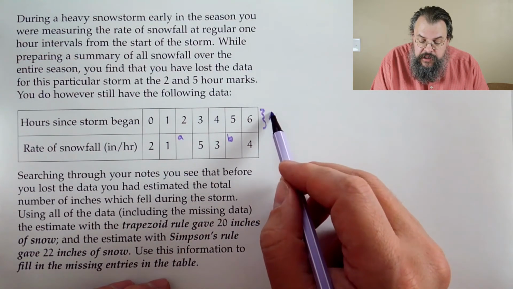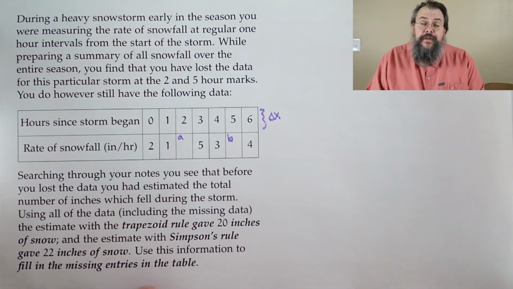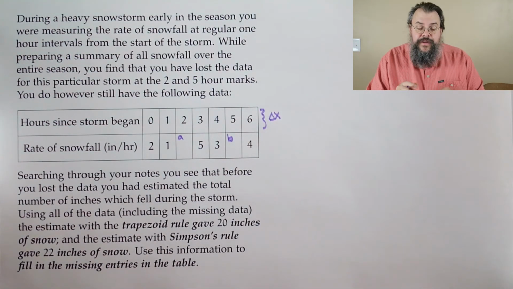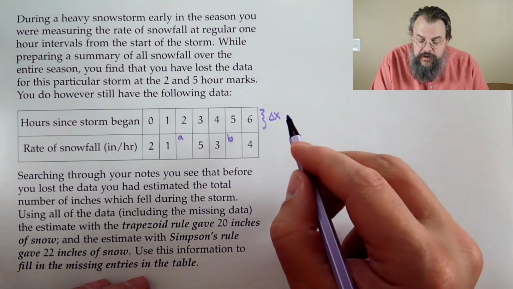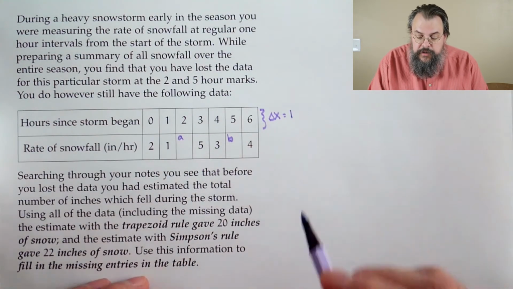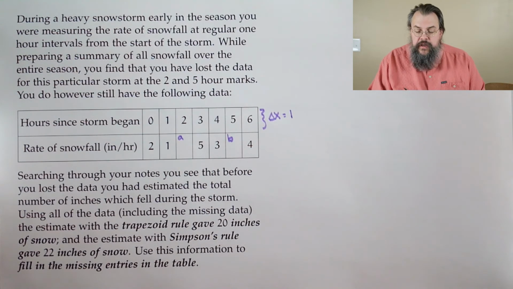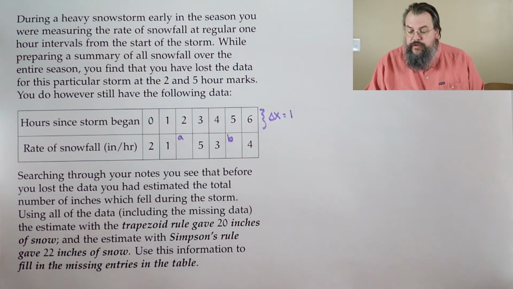What can we say about our delta x? We look at our spacing, and we see delta x is 1. Okay, great. So let's talk about our 2 rules, the trapezoid rule and Simpson's rule.